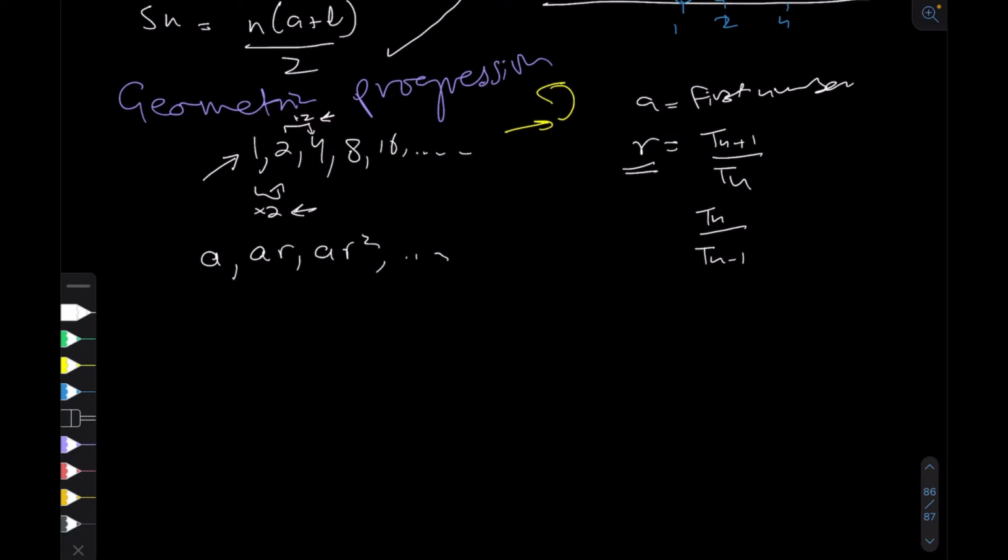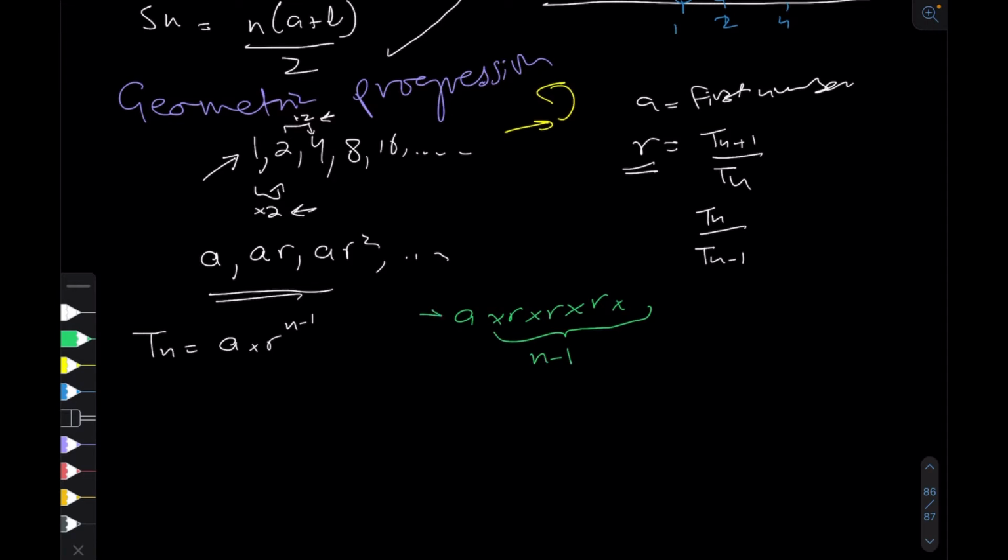So I've already given it here, but any nth term can be represented as a times r^(n-1). This is very similar to AP because you just start with your number a, and then if you want to get to the nth term, you would be multiplying it by r, and there will be n minus 1 of them, because one of the numbers is a.